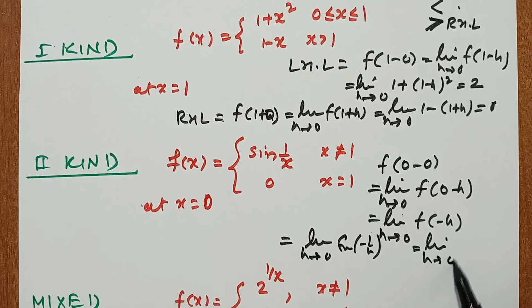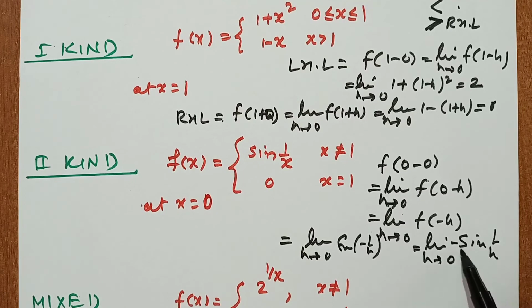Sine minus theta is equal to minus sine theta, so minus outside, sine 1 upon h. Since 1 upon 0 is infinite, sine infinity, and sine theta lies between minus 1 and plus 1. Okay, so what is the exact value? We can't say. It means the limit does not exist. Therefore, this is discontinuity of second kind.